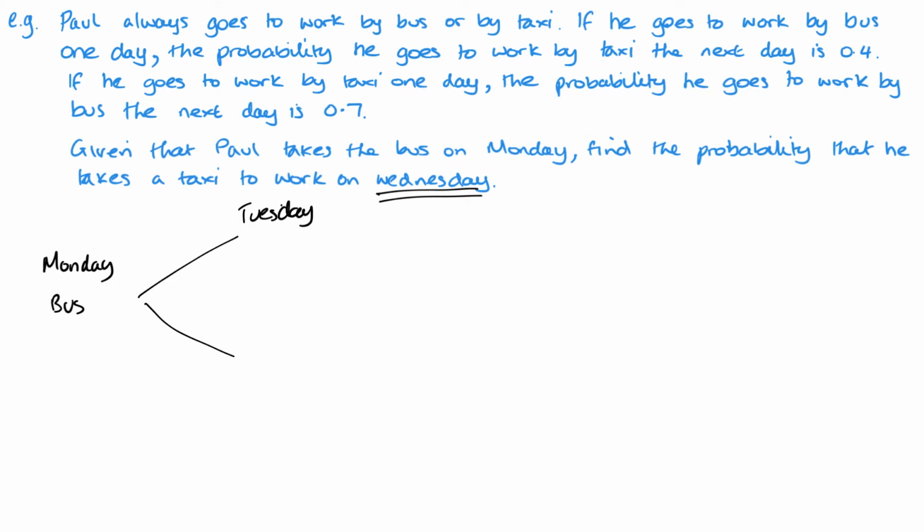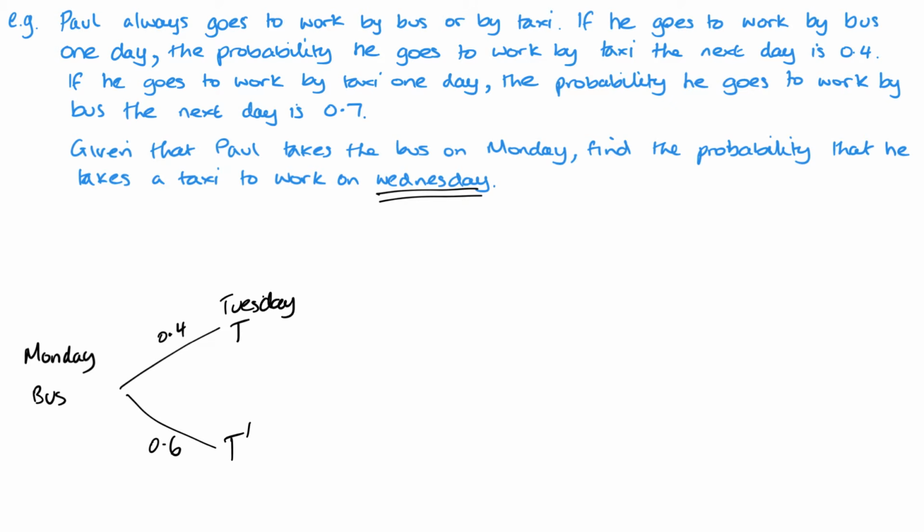So I think about the end of Tuesday, this point. So if he took a bus on Monday, probability he goes by taxi is 0.4, which means that if he doesn't take a taxi, it is 0.6, as the probabilities must total 1.